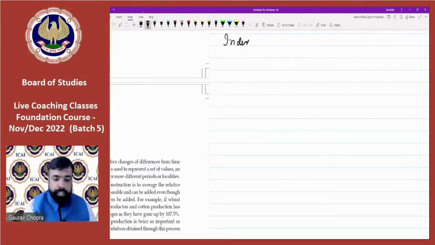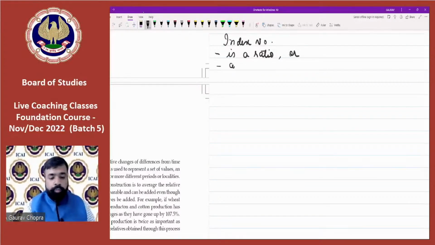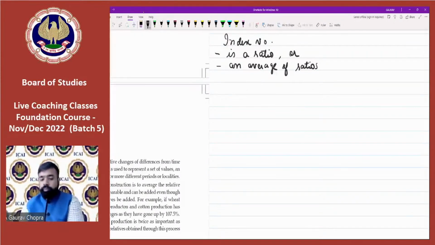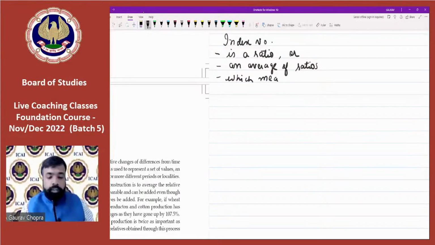Yes, so index number is a ratio or an average of ratios, which measure change in a variable over a period of time.